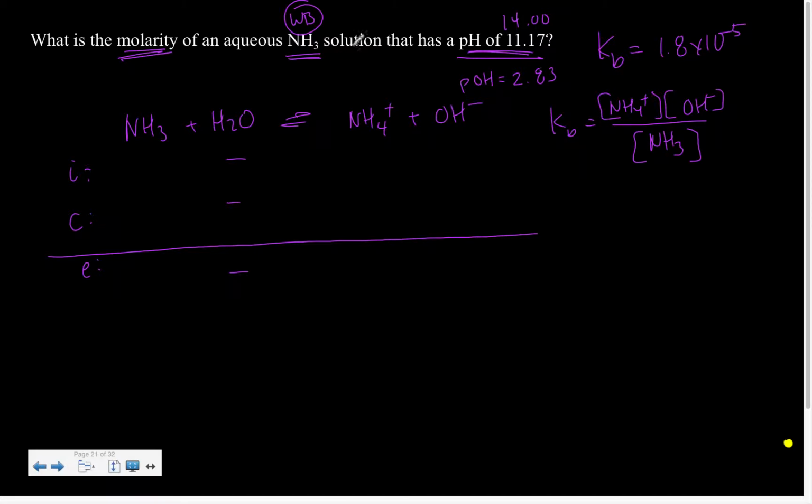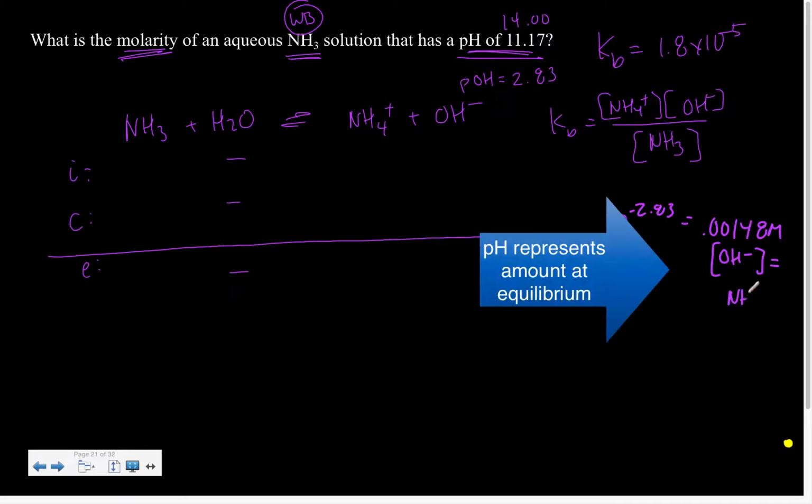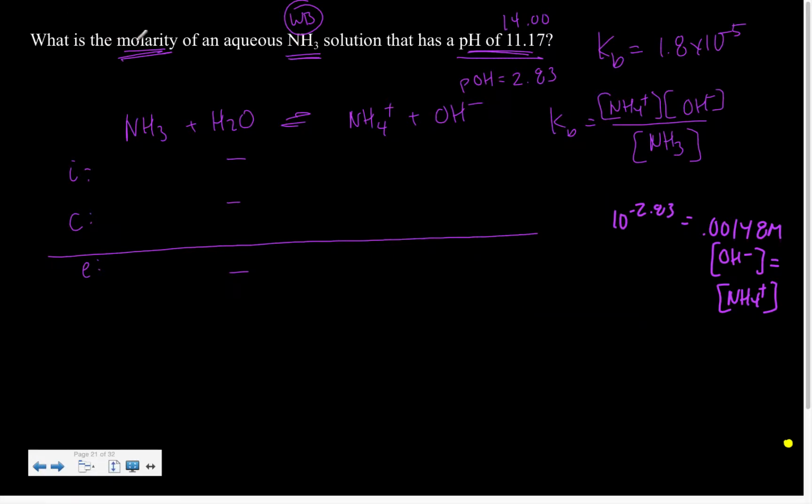Which is going to give us, I should have put this somewhere else. So anyway, 10 to the negative 2.83 is going to give us 0.00148 molar, right, as our hydroxide ion concentration, which we know is also equal to my ammonium ion concentration. Now, we just have to think about where that goes, right? So this is asking us, what is the molarity of an aqueous solution that has a pH of this, right?